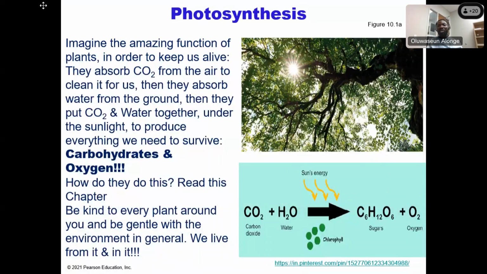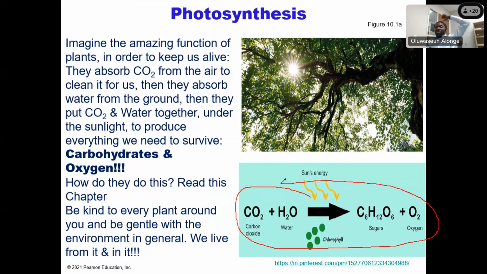So imagine the amazing function of plants in your environment. Plants give you oxygen. Now, this is what we call the photosynthesis reaction, which is an extension, the reverse of cellular respiration. Right here is the photosynthesis reaction. All right. Now, what happens here, you can see clearly.